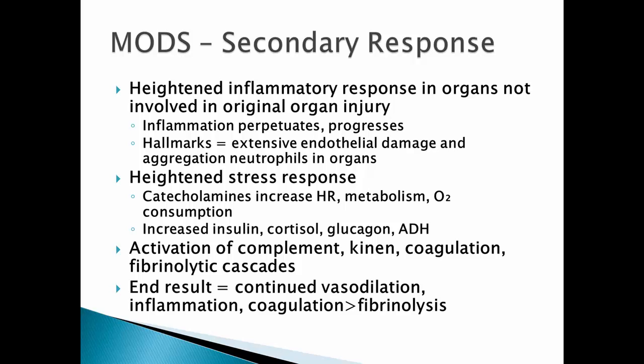The second piece that's important in the secondary response is a heightened stress response. With this heightened stress response, you're going to have a catecholamine release that increases the heart rate, increases the metabolism, and dramatically increases the consumption of oxygen. Also with that stress response, there's going to be more insulin, cortisol, glucagon, and ADH secretion.